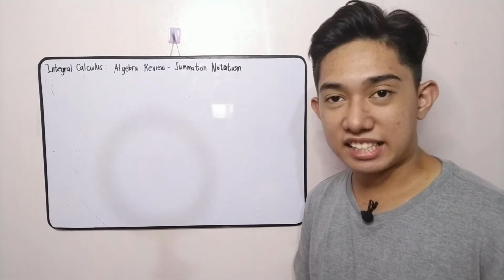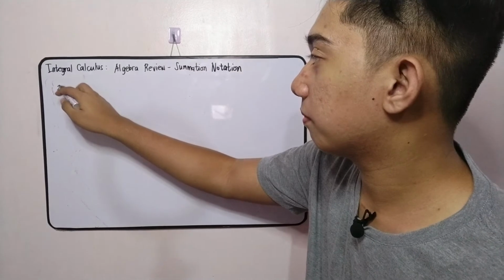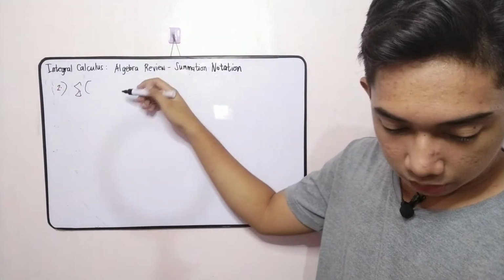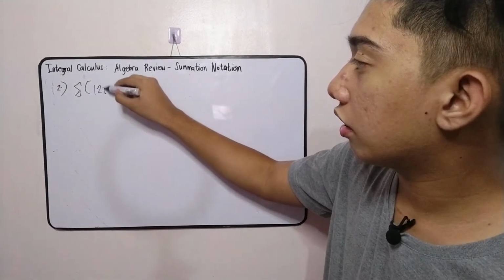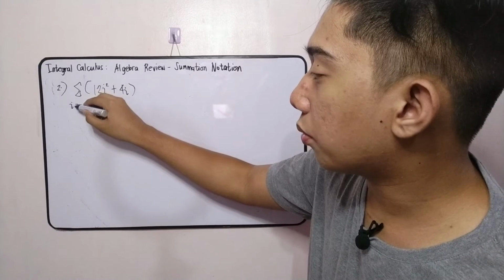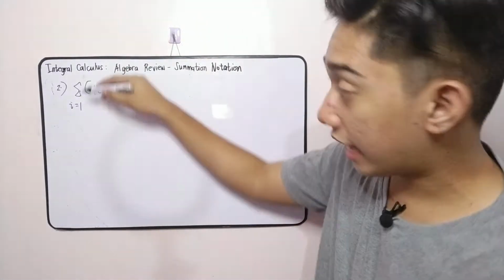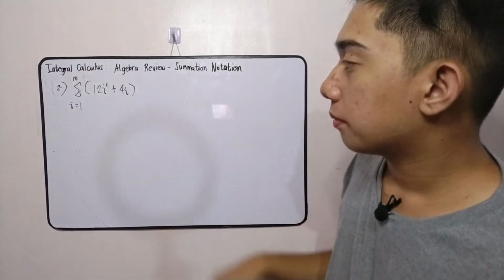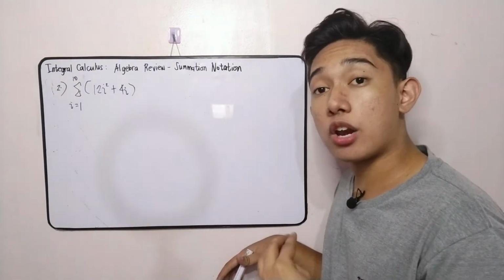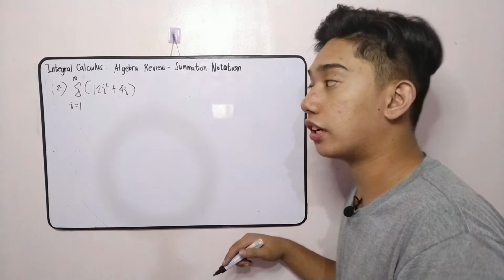Let's have the second example. So we have the summation of 12i squared plus 4i from i equals 1 to 10. So to solve this one, again, we follow the rules that were presented earlier.